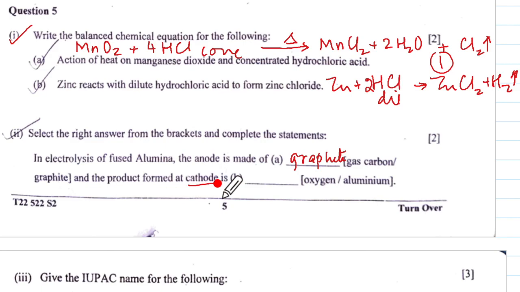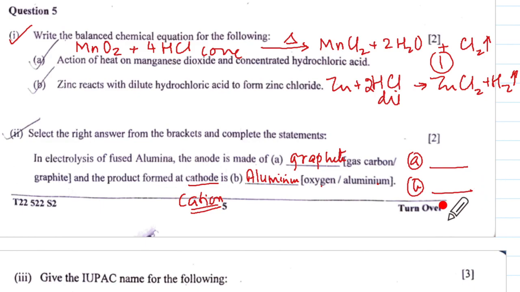Now tell me, cathode means the cation should go there, correct? Which is the cation, is oxygen or aluminium? Which will form the cation? Obviously aluminium. So it is going to be your aluminium. Now for your exam, just write A is this and B is this. So write here graphite and this is aluminium.